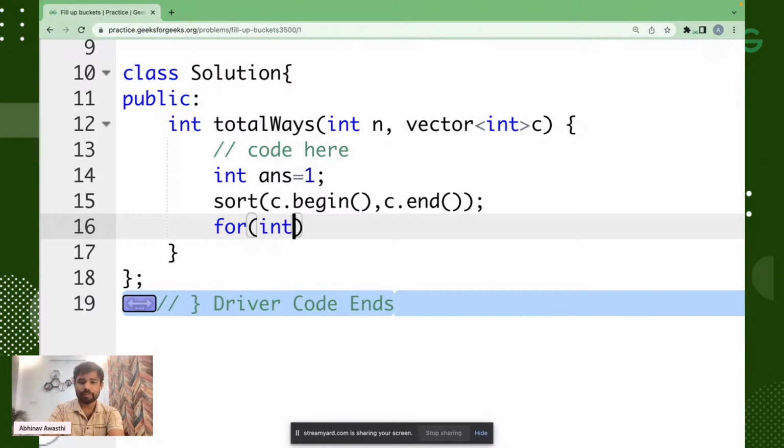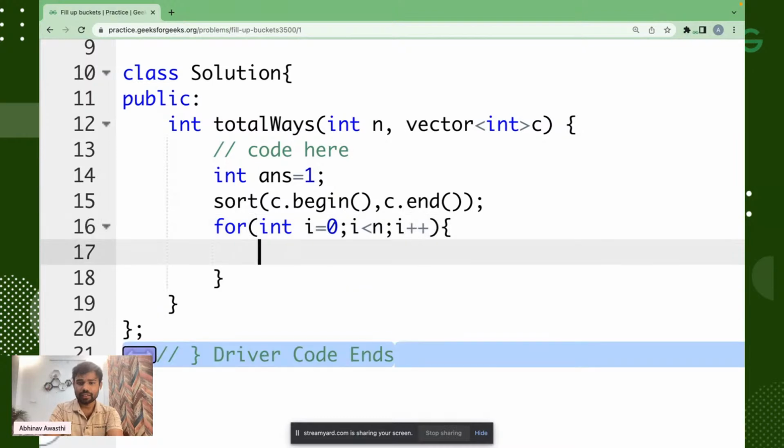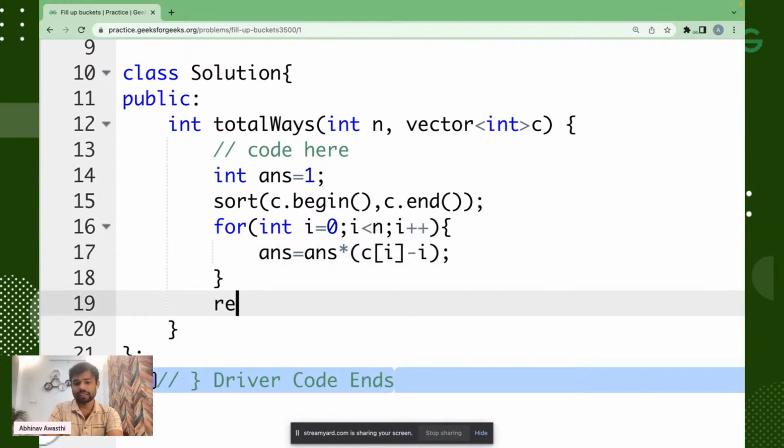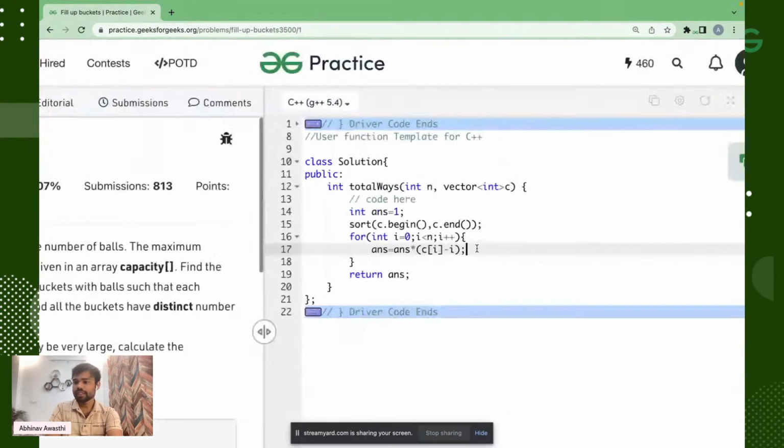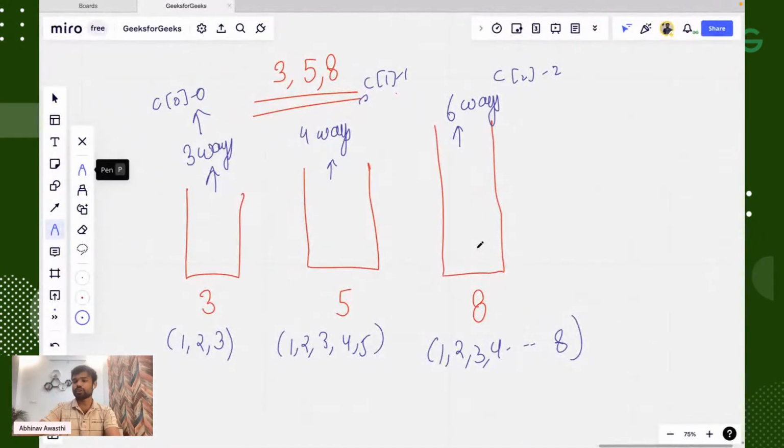After that, we will simply iterate, and for each i, answer will be answer multiplied by Ci minus i, and at the last we will return the answer. That is what we will do, because for this case the total number of ways was 3 into 4 into 6, 72.